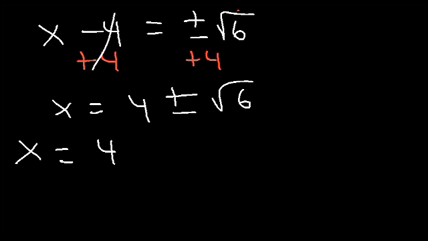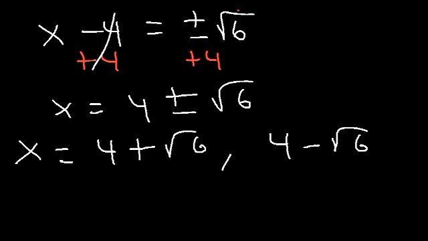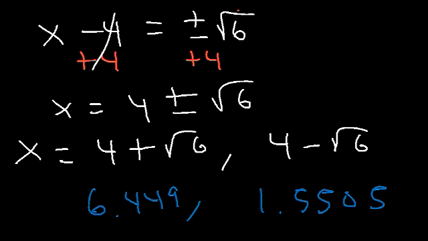So we have two answers, 4 plus root 6 and 4 minus root 6. 4 plus the square root of 6 is about 6.449. And 4 minus root 6, that is equal to 1.5505. And so that's it for that problem.